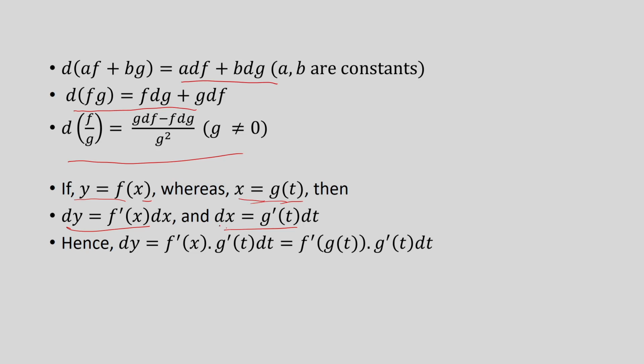Now, I substitute this dx to here and I get the expression for dy, and it turns out to be this one, f dash of x g dash t dt, and to express everything in terms of t, I substitute x is equal to g t here. So, this is the final term I am getting, f prime of g t multiplied by g prime of t dt. So, you have a composite rule for differentials.